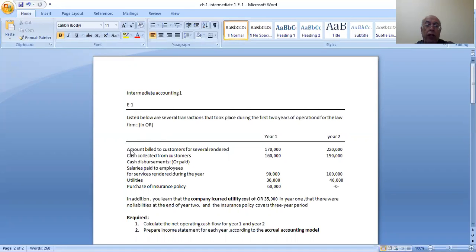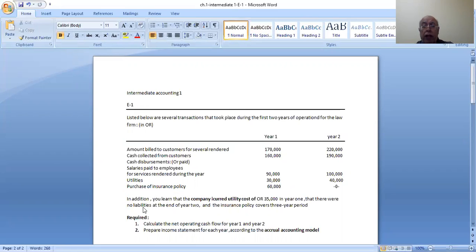As you see here, the first transaction is the amount billed to customers for services rendered, and cash collected from customers, 160, 190. Cash disbursed or paid for salaries rendered during the year is 90,000 and 100,000, utilities is 30,000 and 40,000 during the two years, and the company purchased an insurance policy.